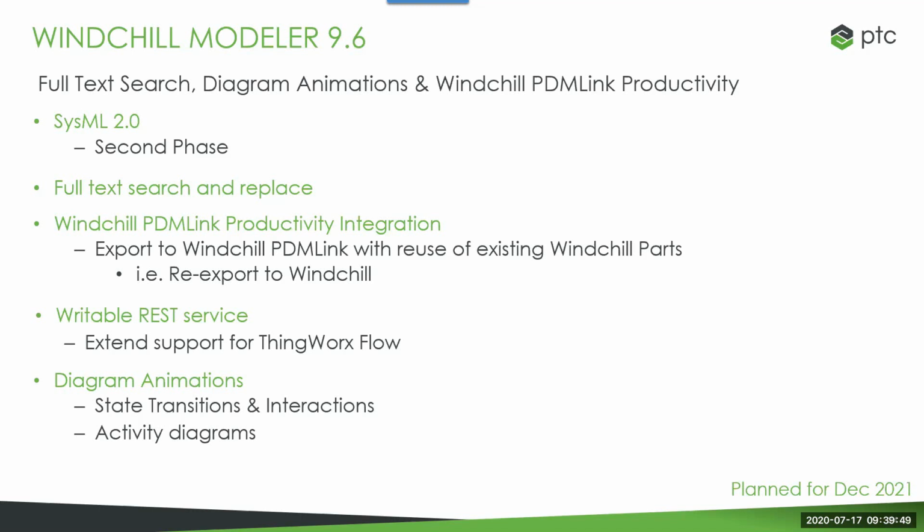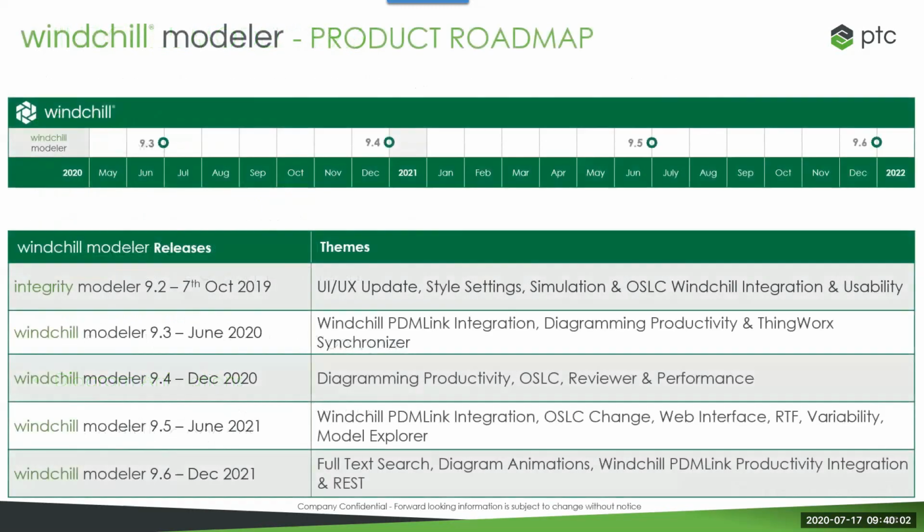This is intended to support ThingWorx Flow, and then increase the animation capabilities that we have for state transitions and activity diagrams. Okay, so there's the summary of the roadmap with 9.4, that we're starting to confirm the scope of over the next few weeks, 9.5 and 9.6.